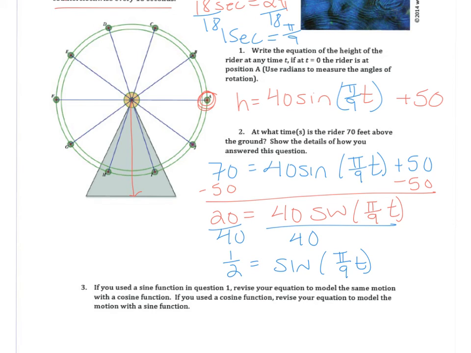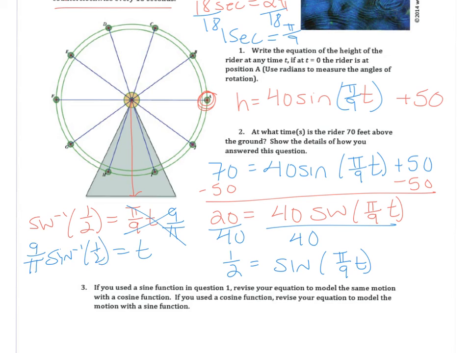So with no calculator, the only other thing that you can do is do sine inverse of 1/2, which will equal pi over 9t, and then multiply both sides by 9 over pi, and that is going to be an exact value for the time.